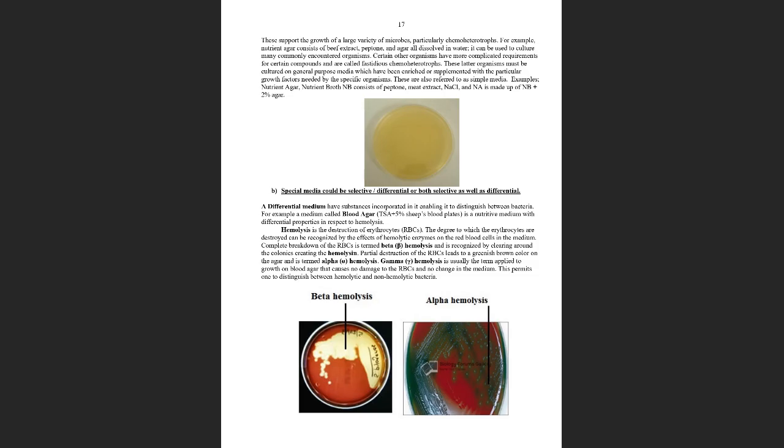That's what the word differential means, to differentiate. For example, a medium called blood agar or trypticase soy agar with sheep blood is a nutritive medium with differential properties in respect to hemolysis.